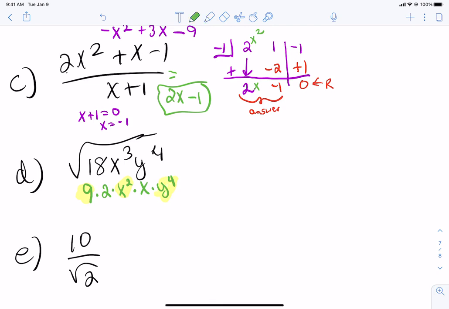So, if I take the square root of the things that do work, the 9 becomes a 3, the x squared becomes x to the first, the y to the fourth becomes a y squared. So remember, a square root cuts the powers in half and takes the square root of the numbers. Well, what's left in there? Well, I had a 2 in there that I couldn't use. I had an x in there that I couldn't use.